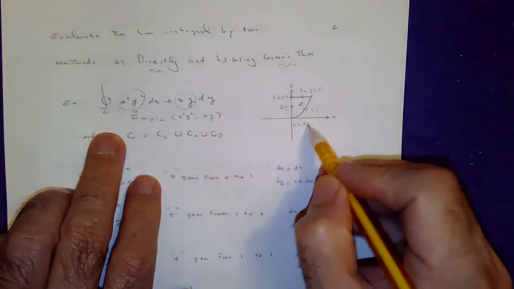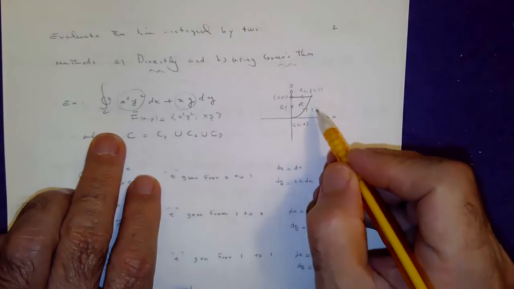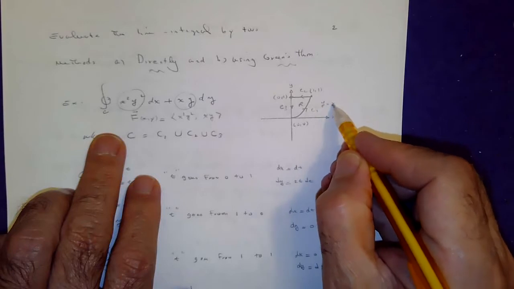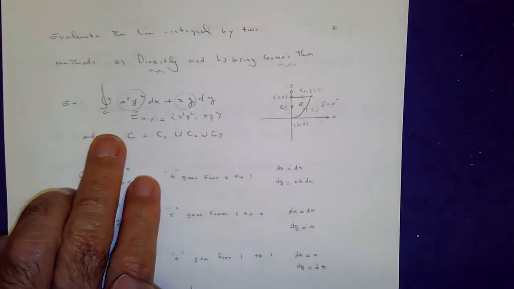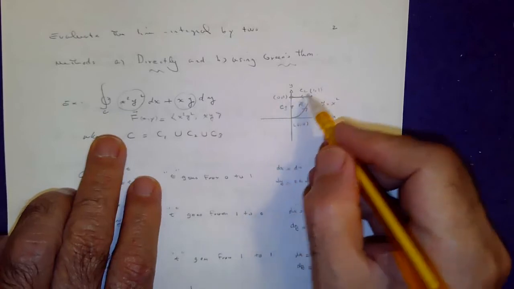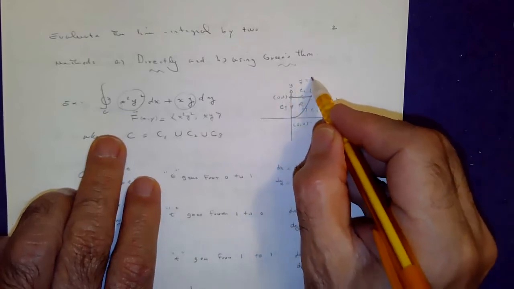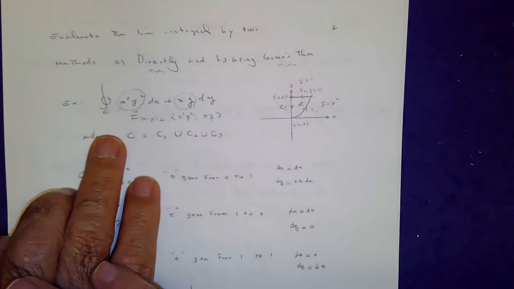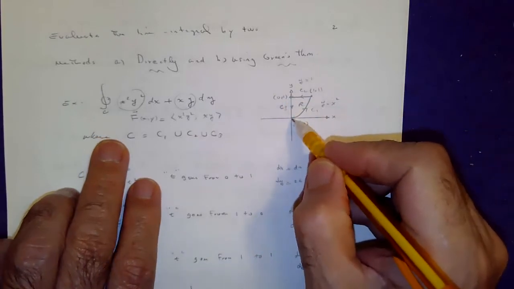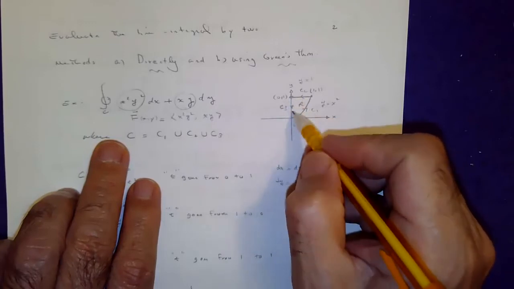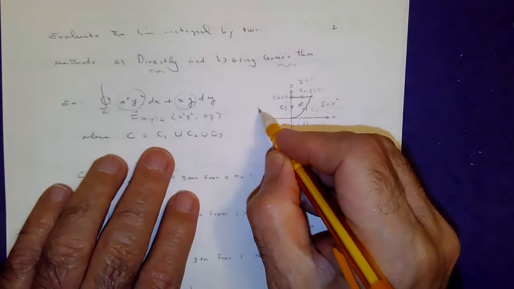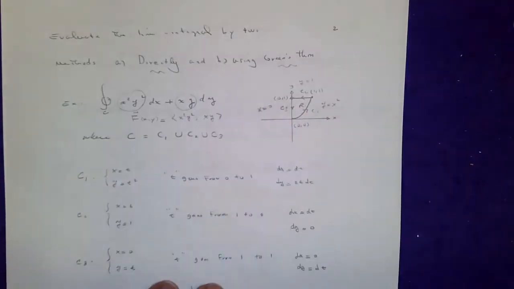First, you go from (0,0) to (1,1) via y equals x squared. Then you go from (1,1) to (0,1) via y equals 1. And then you go from (0,1) back to (0,0), and the equation of this line, C3, is just x equals 0.